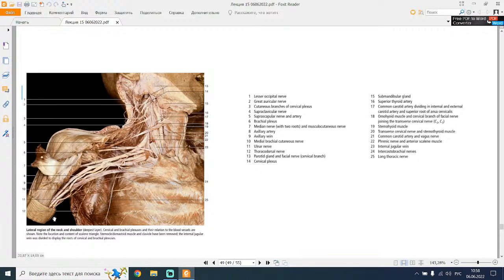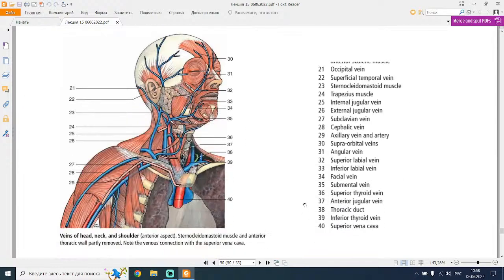What do you see? Axillary vein. This is cephalic vein. Cephalic vein. And this is subclavian.